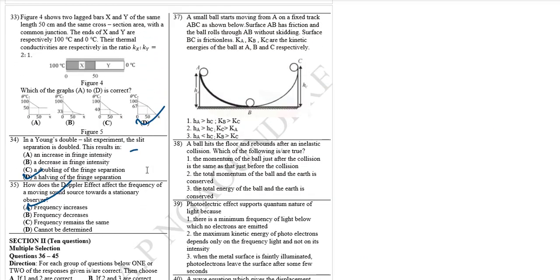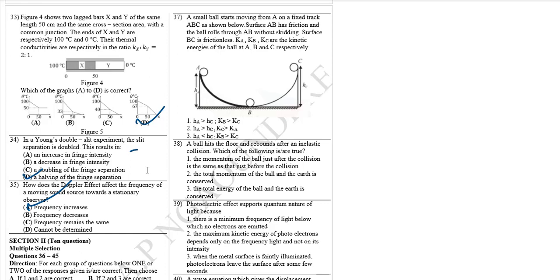A small ball starts moving from A on a fixed track ABC as shown below. Surface AB has friction, and the ball rolls through AB without skidding. Surface BC is frictionless. KA, KB, KC are kinetic energies of the ball at A, B, and C respectively. 1.